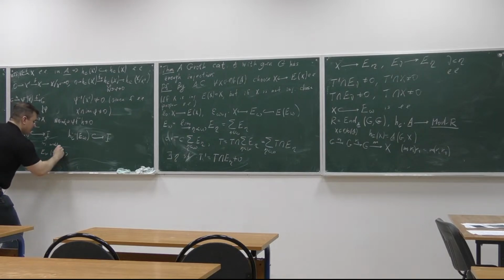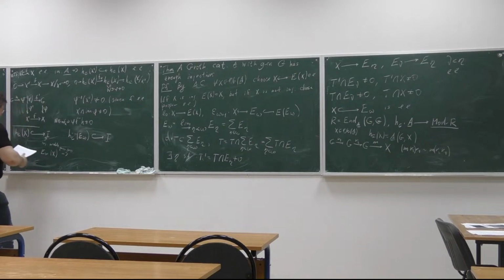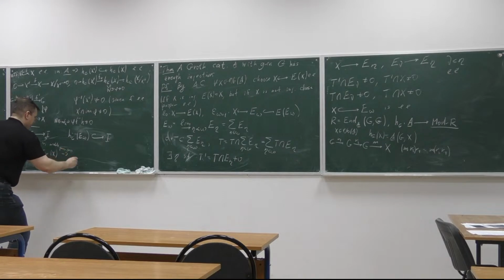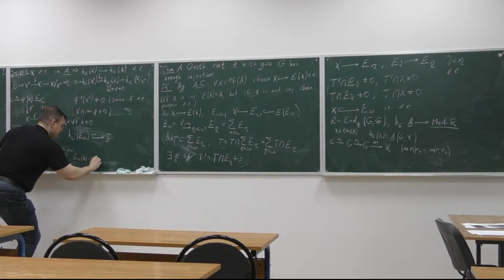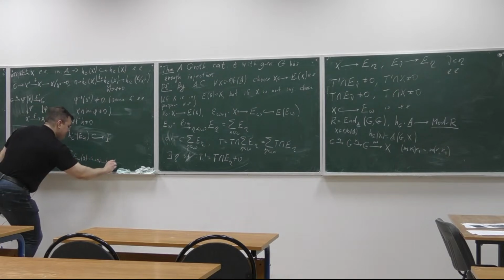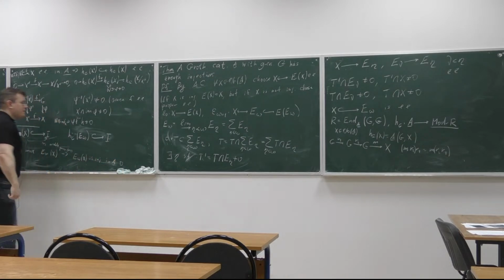So, previous proposition. Oh, not the previous, but the one before, right? Okay, right. This thing is injective in the category A. The end of the proof.